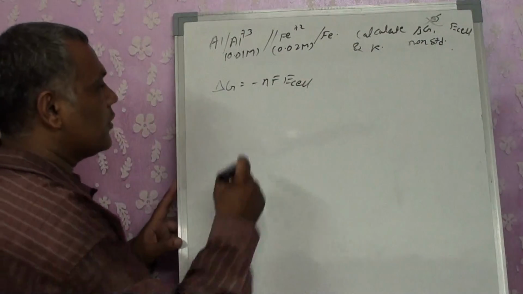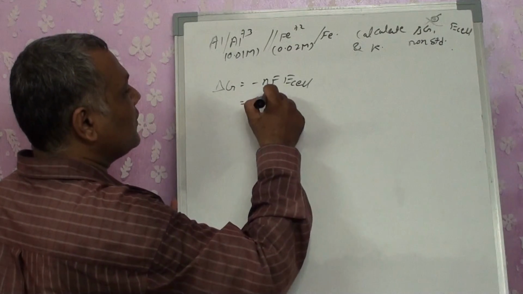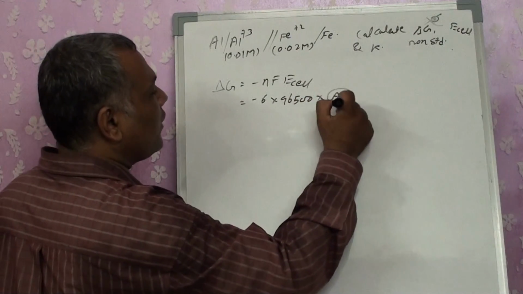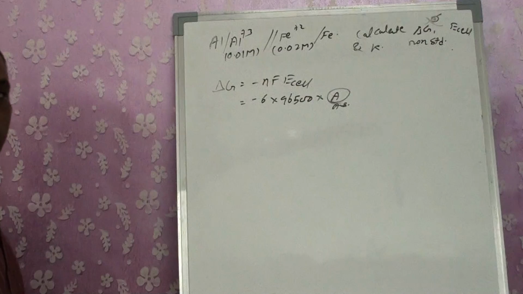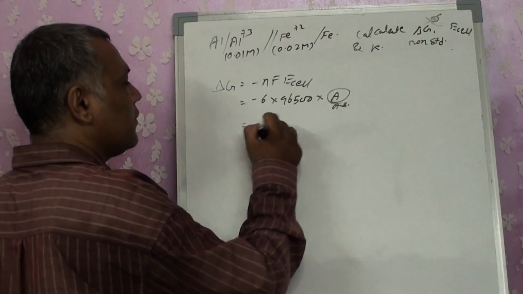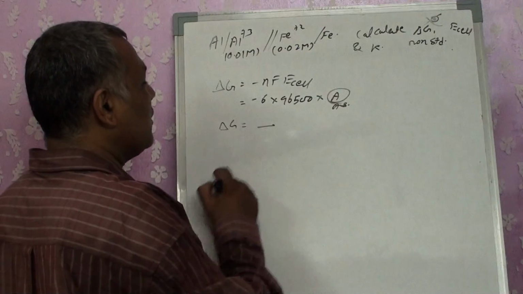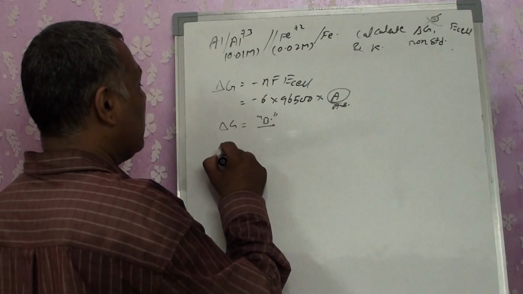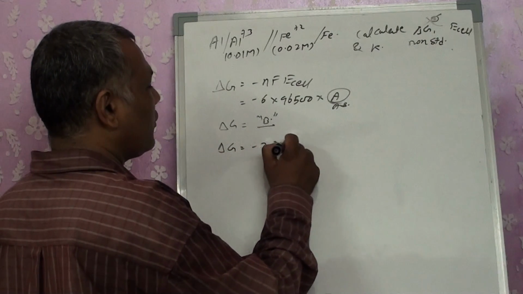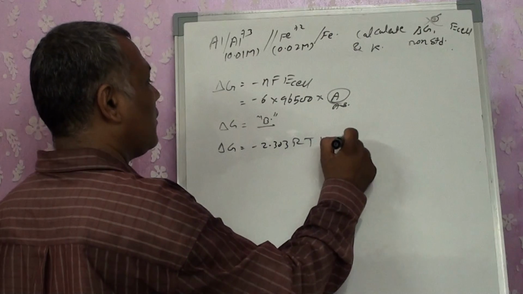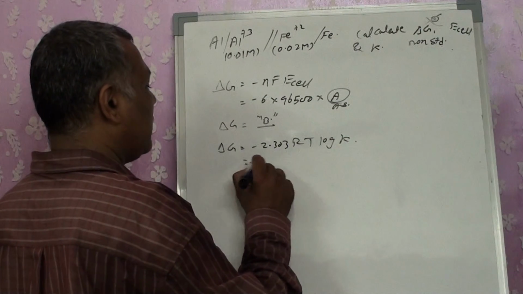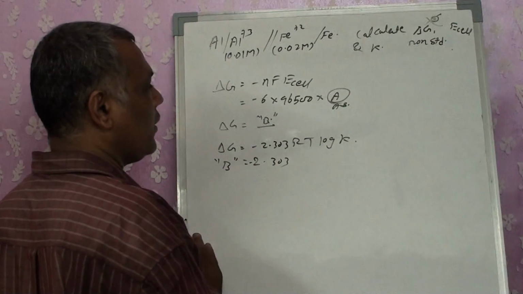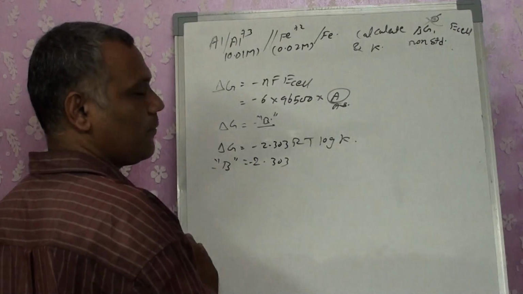n is already specified, so we get 96500 into whatever calculated answer we are getting for E cell, that will be placed over here. That will give me delta G. And using this value of delta G, we will calculate K. Delta G is equal to minus 2.303 RT log K. The value of delta G we get over here will have a minus sign with it.